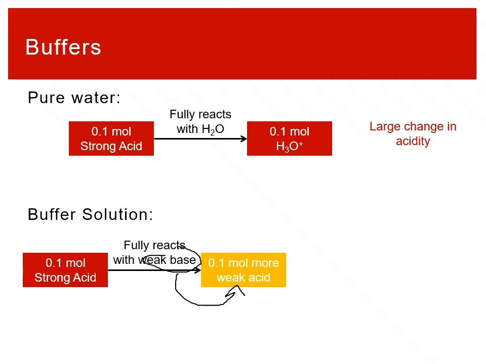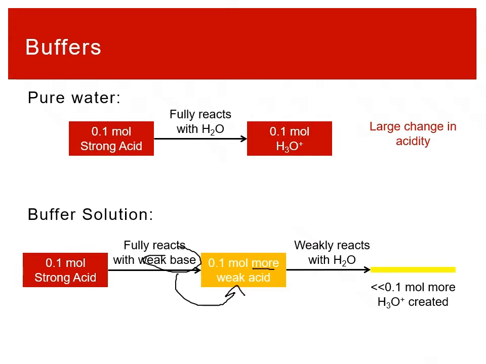You now have 0.1 moles of weak acid, and additionally, it's actually just more weak acid to what you already have. So the fact that it's a weak acid and that it's just a little bit more leads to a really weak reaction with H2O, so you produce a lot less hydronium. It's much less than the 0.1 moles of strong acid that you originally put in, which leads to a much lower impact on the pH.